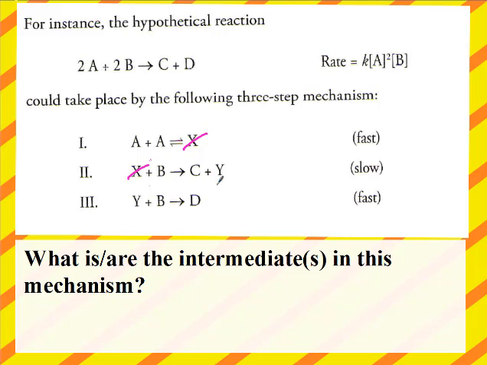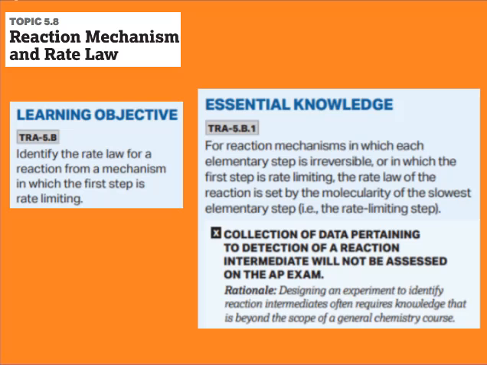So I would cross out X, I would cross out Y, and that's all I would cross out. So X and Y must be intermediates. Notice they're formed and then used, formed and then used. You can read through those.